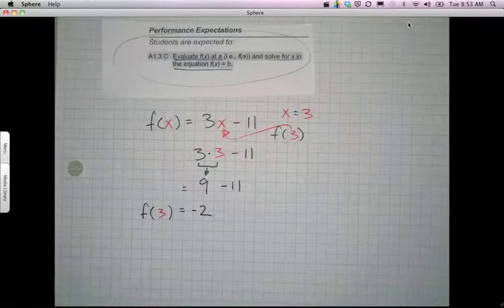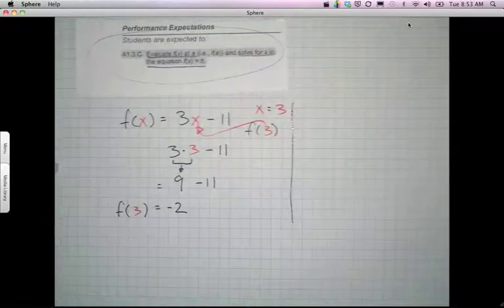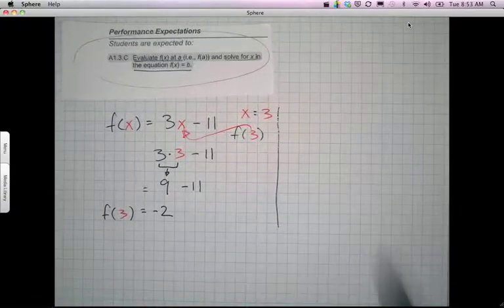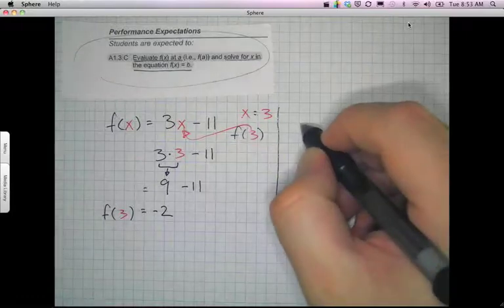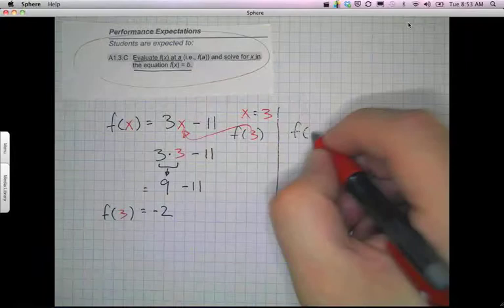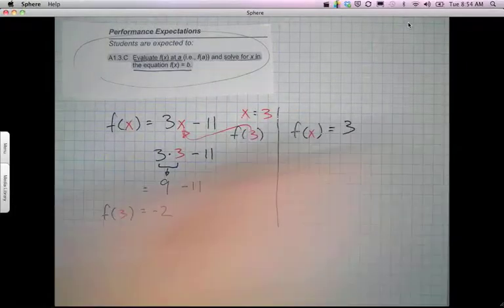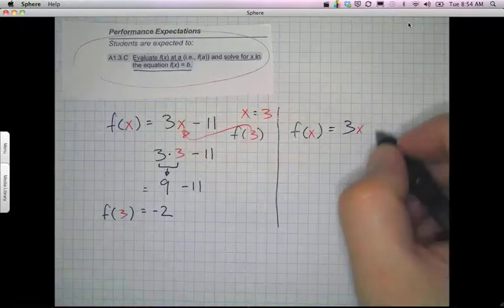Now, a totally separate way of doing these things, and a completely different problem, is to try to solve for x in the equation f of x equals b. So I'm going to use the same problem again. So this time it will be f of x equals 3x minus 11.